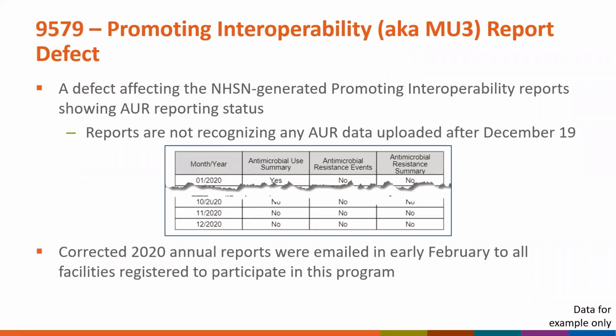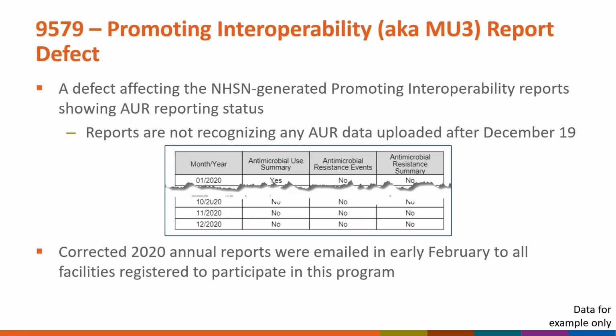First, defect 9579 affects the NHSN generated Promoting Interoperability Program, also known as the Meaningful Use Program, report for 2020. The application was not recognizing 2020 AU and AR summary data that were imported after the December 19th NHSN release.